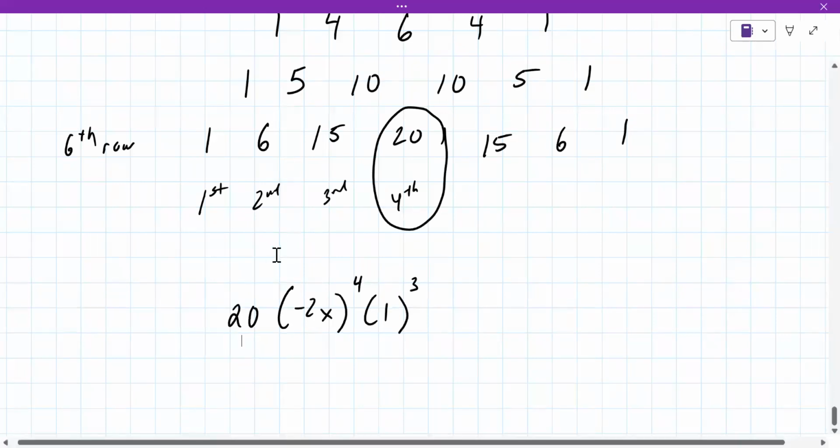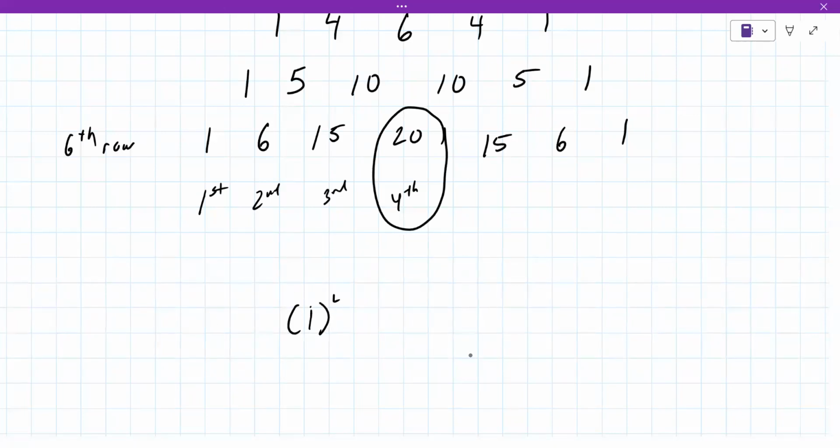Maybe they are doing it backward. Okay, let me back up here. That's not what they want. They're doing it backwards. So let me switch this up: 1 to the power of 4 times minus 2x to the power of 3, and then you multiply it by this coefficient of 20.